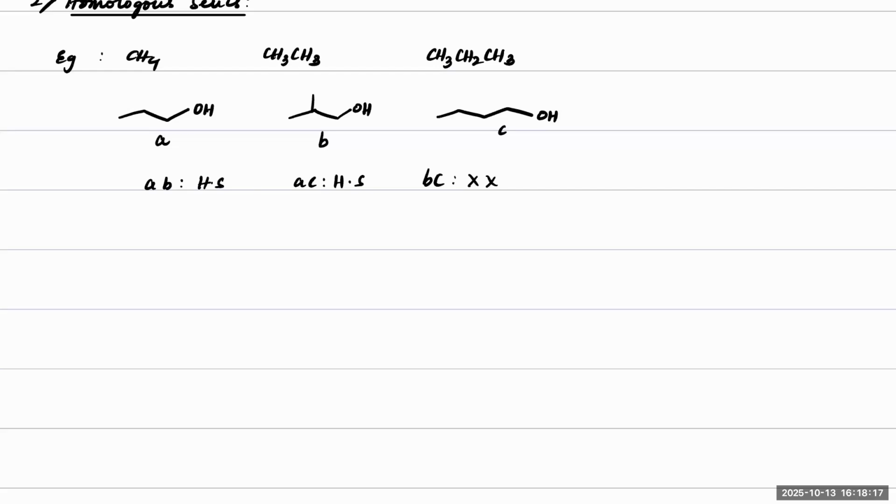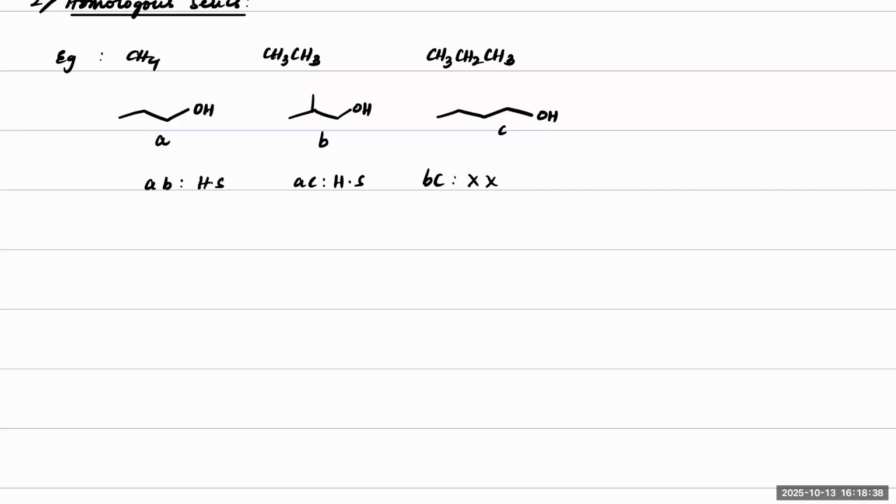Clear? How to write the homologous series here. Whether it is alcohol or anything, you just have to keep increasing the number of carbons.